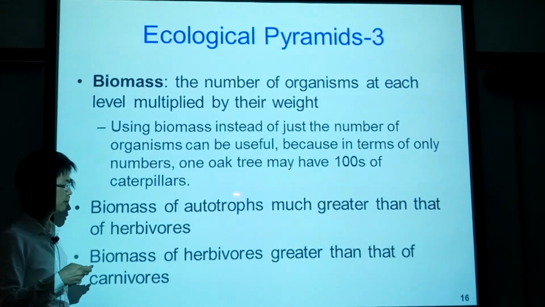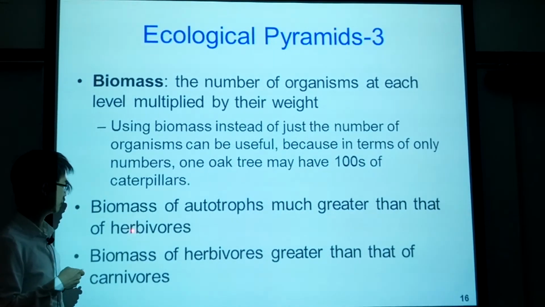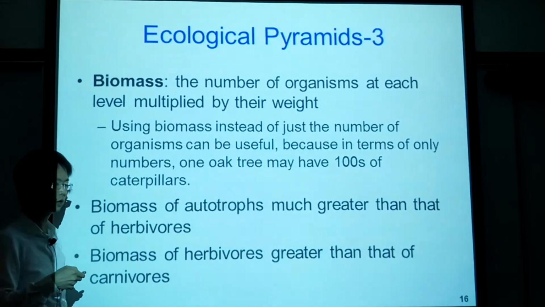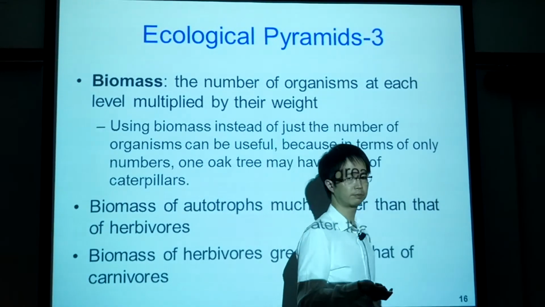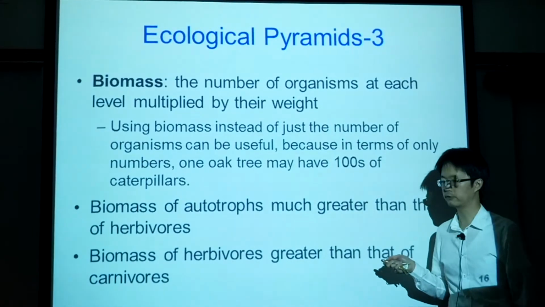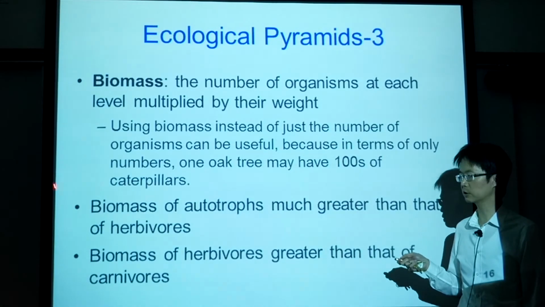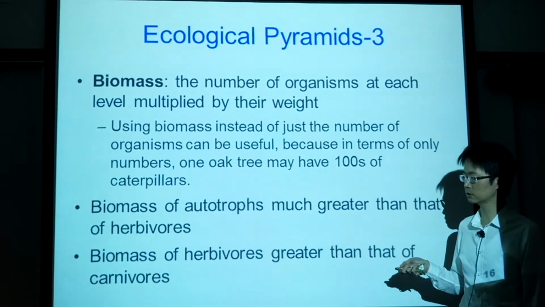So the biomass of autotroph is much greater than that of the herbivores, because we need to have enough of the producer autotroph in order to support the herbivore. That's why the biomass of autotroph is a lot higher than the herbivores.